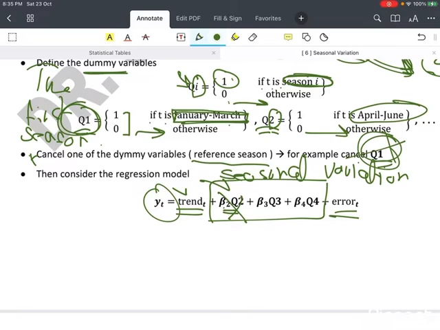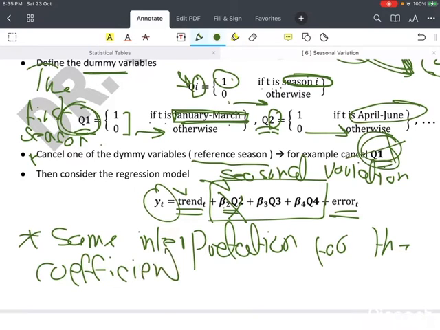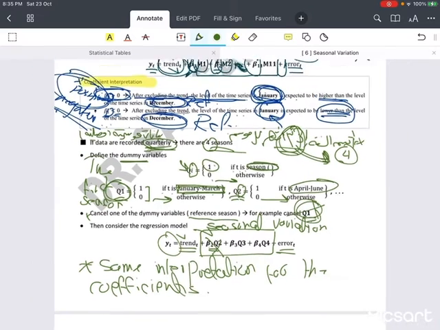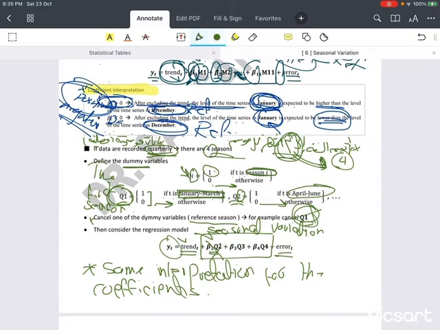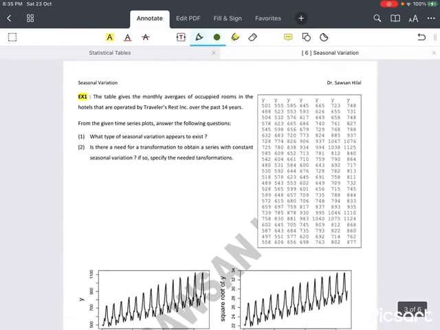Note that you can write the same interpretation for the coefficients, the same interpretation we talked about here. Okay? We will go for the exercise now.